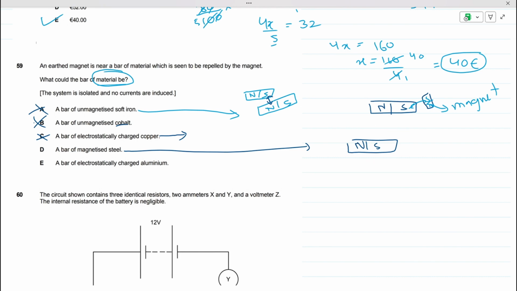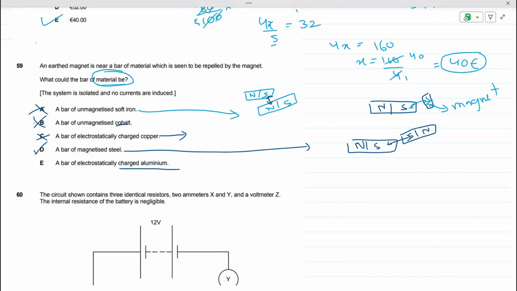For instance, this was my original earthed magnet, right? And because this magnetized steel is also a permanent magnet, south north, so of course when like poles are facing each other, like repels like, right? So this south would repel this south, and because of this, this magnet would be repelled, right? So this is our right answer.